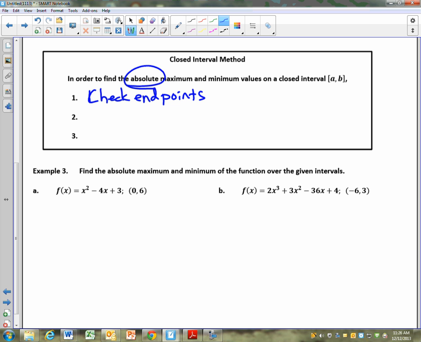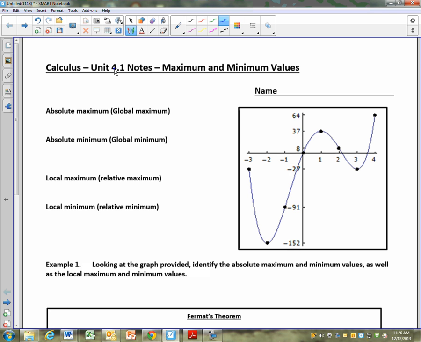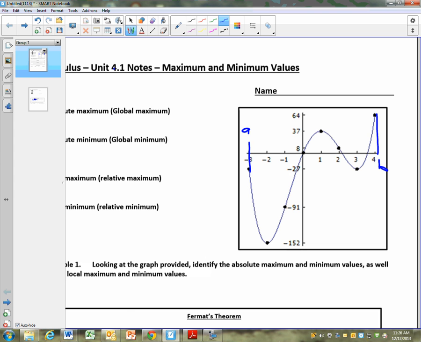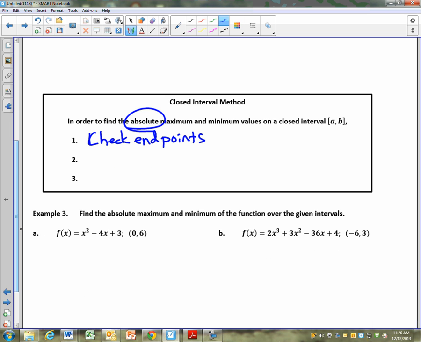You have these endpoints, like our very first graph right here, where this would be your a value and this would be your b value. So we should check the endpoints, meaning we evaluate f of a and f of b.